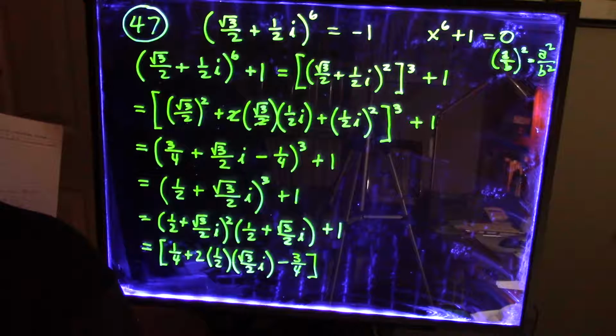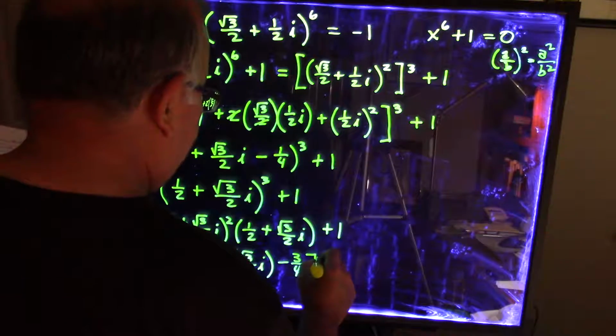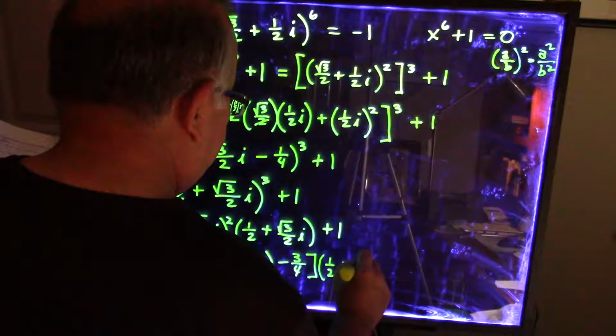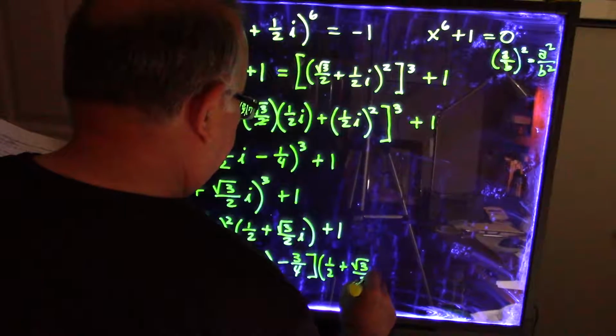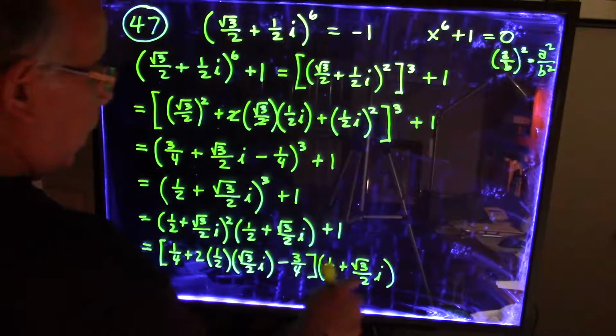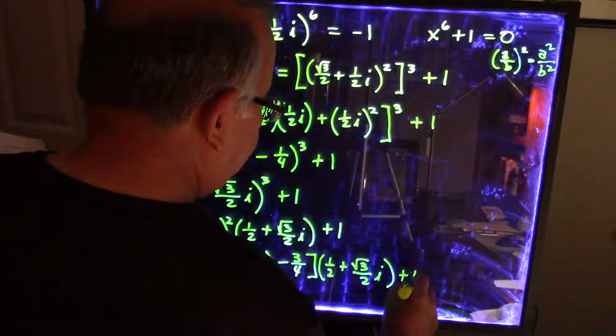Okay, so then we've got the other factor, 1/2 plus square root of 3 over 2i. That's this factor right here. And then plus 1. Alright?